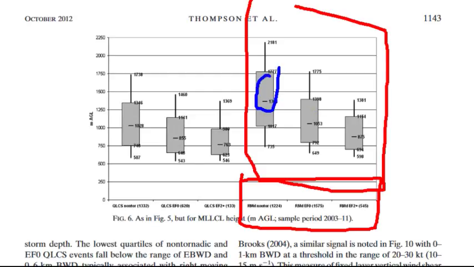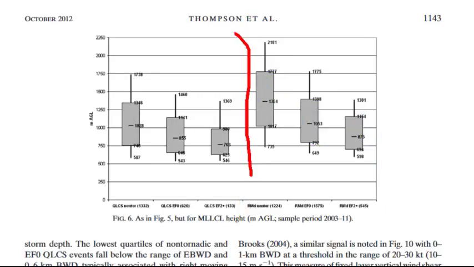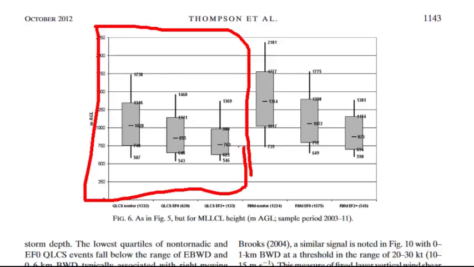One is non-tornadic. That's just the severe weather and hail, or the winds and hail. And then here we have the weak tornadoes, and then here we have EF2 and above. And then we've got similar classifications over here for the squall lines. So this is non-tornadic, this is EF0, and then we have EF2 and above.